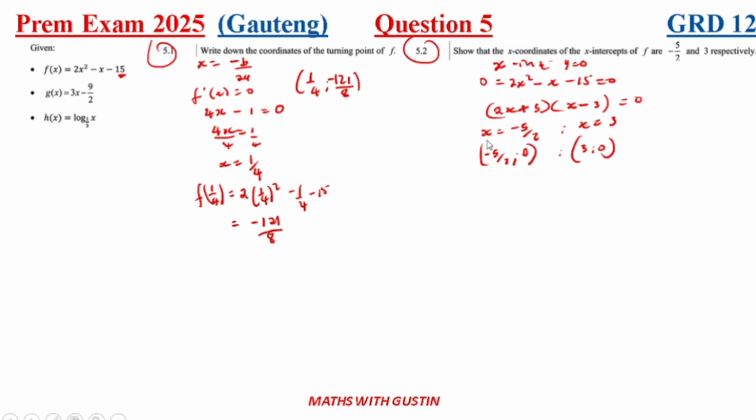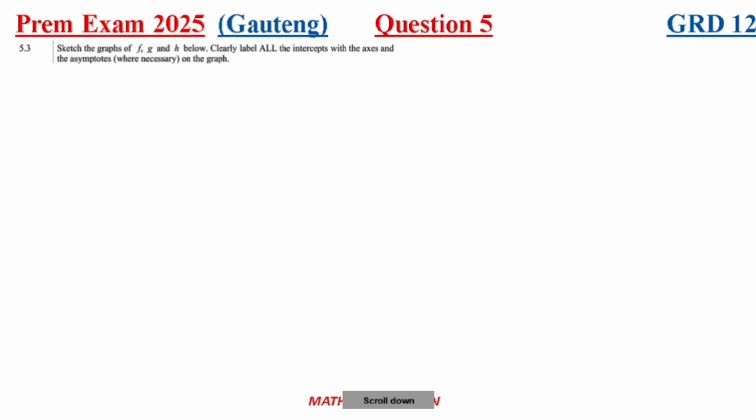So 5.3, let's not forget those numbers, guys. Let's move on. 5.3 says sketch the graphs of f, g and h below. Clearly show intercepts with axes and lines of asymptotes on the graph. So what we'll do here is state the functions that were given to us. f of x is equal to 2x squared minus x minus 15.